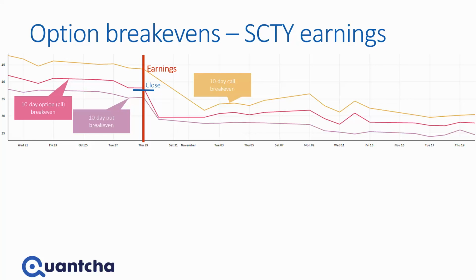and you can see that the all break-even, which adds up all the puts and the calls, was a little bit higher than the closing price, but it was still closer to the put break-even than it was to the call break-even, which is indicative that there was a significantly higher volume of puts being held in the open interest versus the calls.